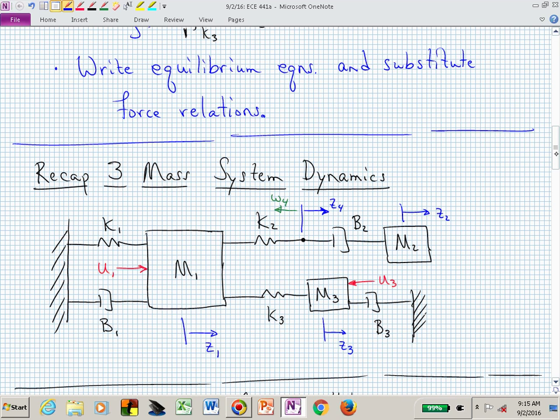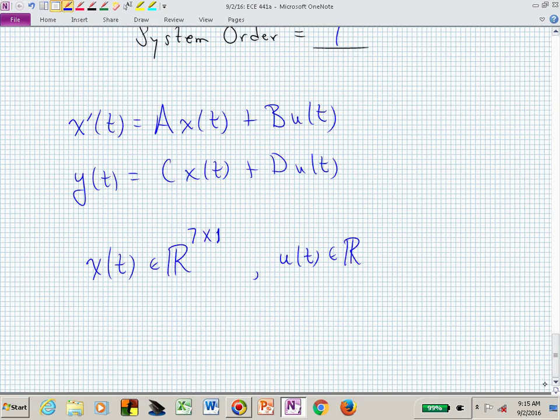Even though they're labeled U sub 1 and U sub 3, we just have 2. This is now a vector that is two tall and 1 column wide. And we'll talk about the output maybe in just a minute.